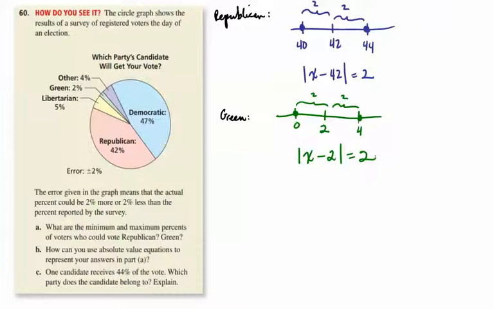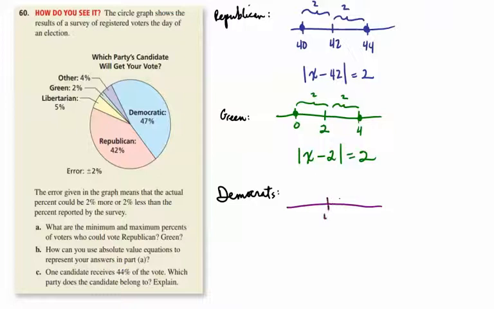So if they got exactly 44%, we know that the Democrats, for example, if we were to go ahead and represent them, Democrat, and these are the voters, so we assume that the candidate of that party gets that party's vote, which may or may not be true in actuality.